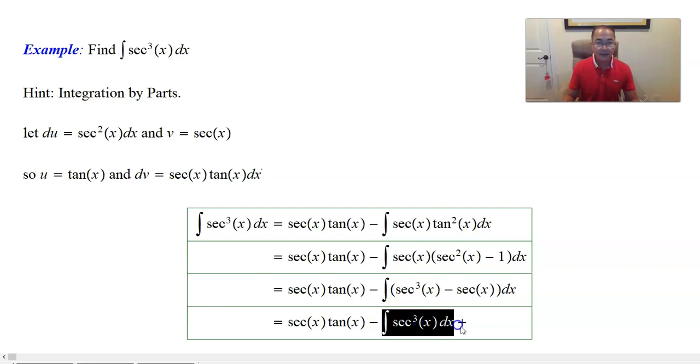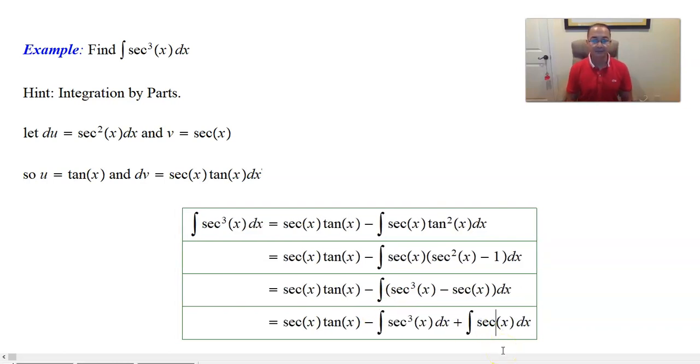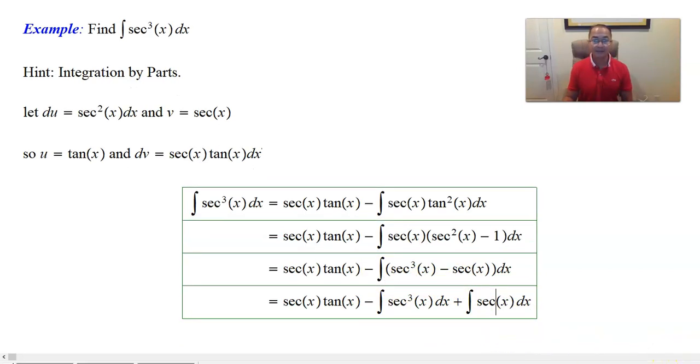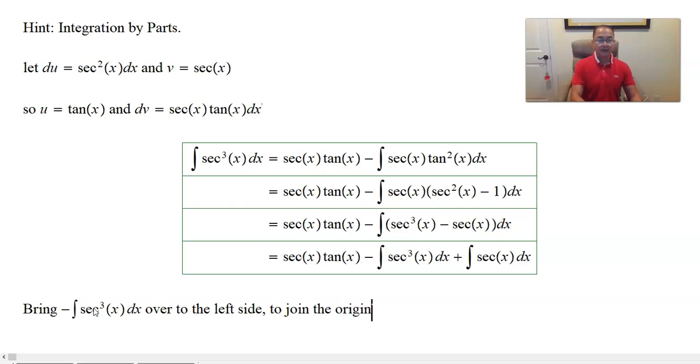So minus integral secant cubed plus integral of secant by itself. Okay, so bring the minus secant cubed over to the left side to join the original integral of secant cubed.